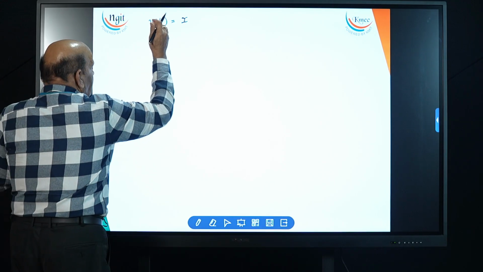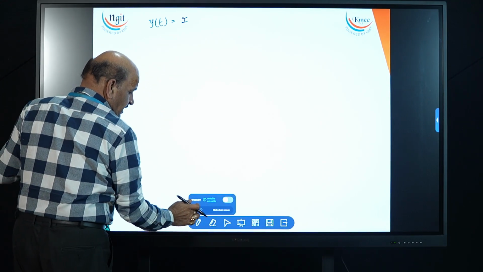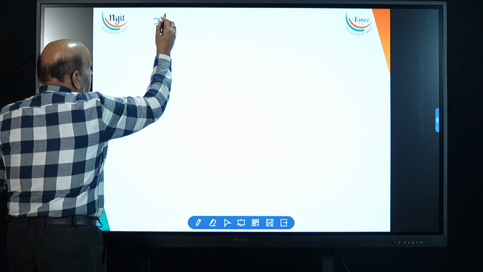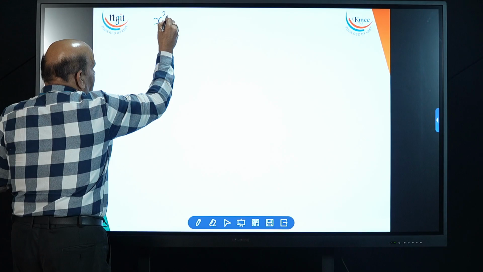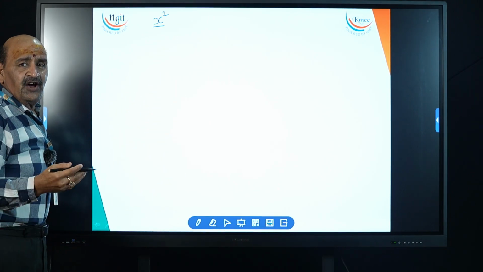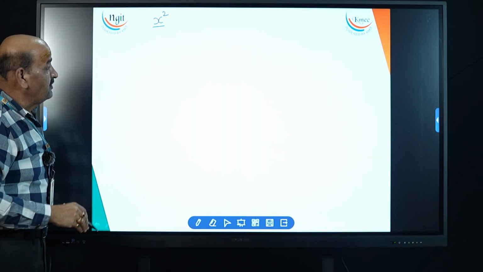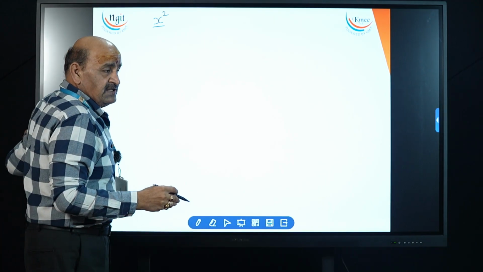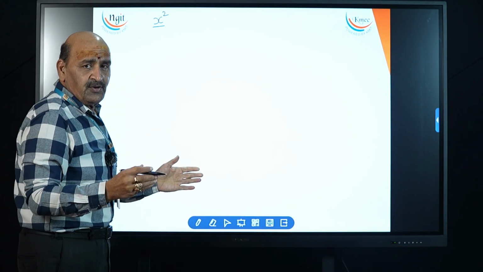Or directly you can make it another one also. In most of the cases, they give: verify whether the system x square is linear or not. In examination they give like this only. In whatever way they give, we have to follow the same procedure.